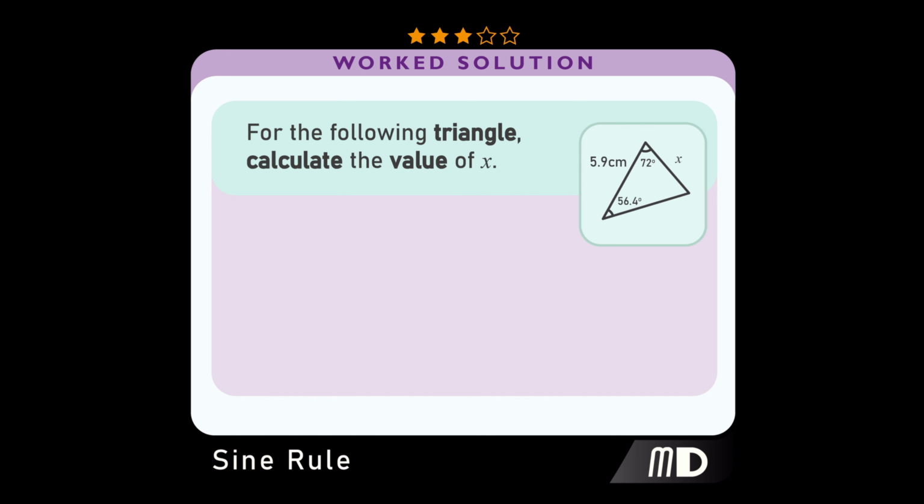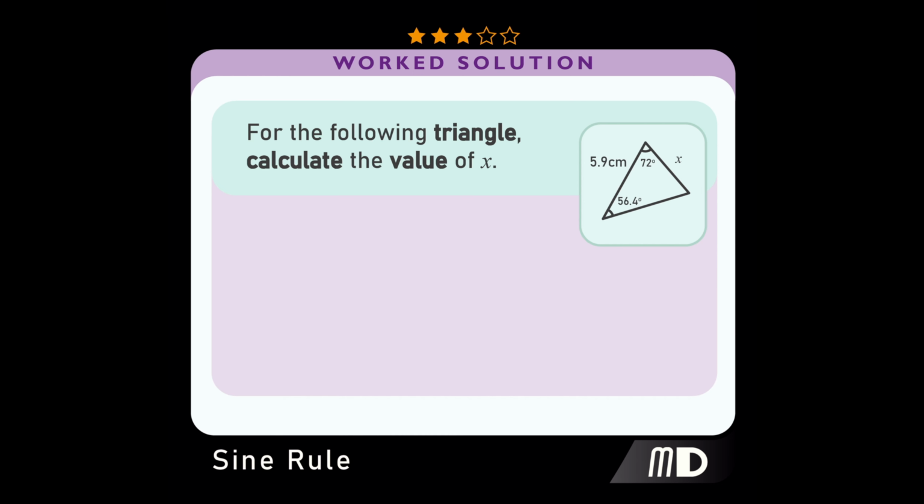For a non-right-angled triangle, such as this, there are two common methods we can use for finding the lengths of sides or the sizes of angles. Those rules are the sine rule and the cosine rule.